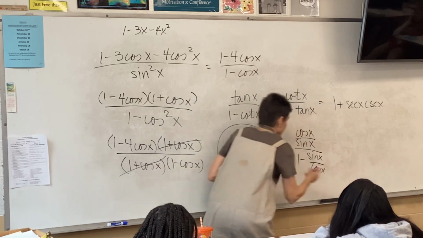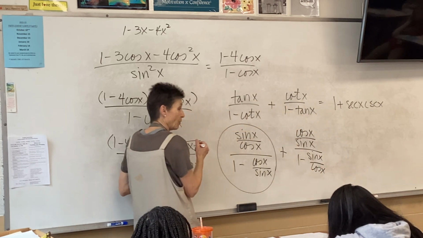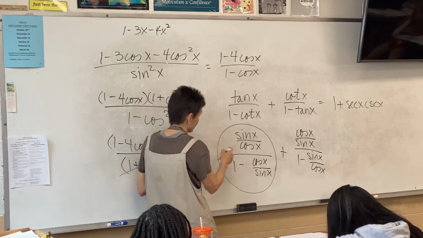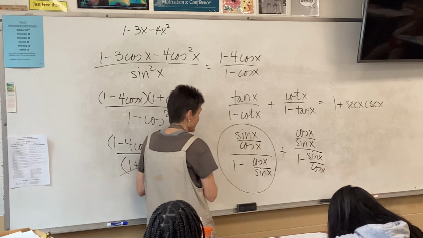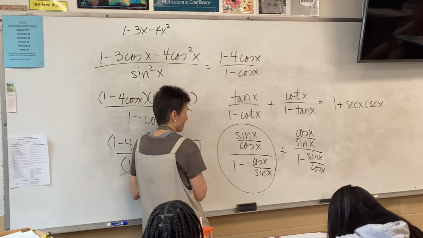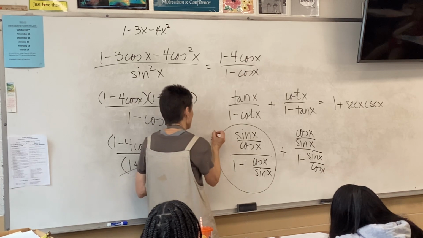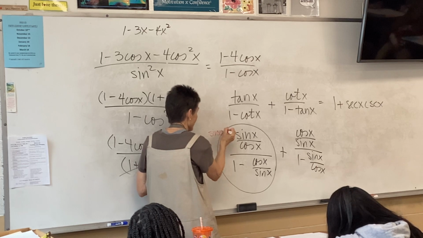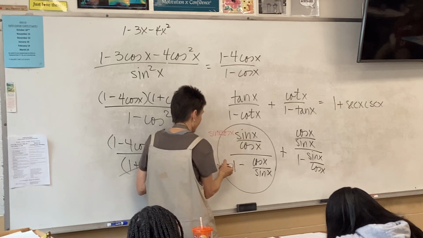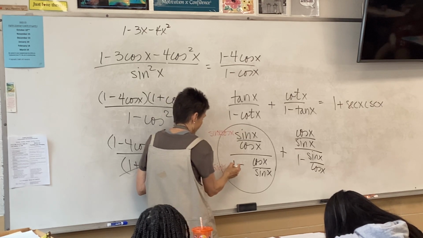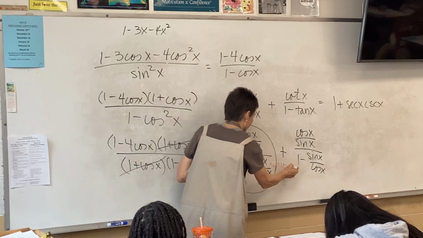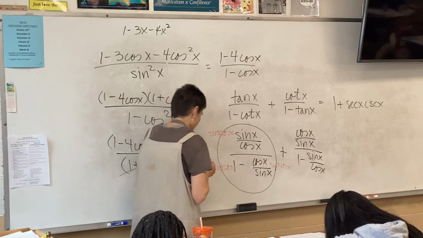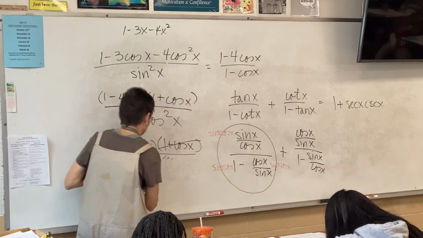Okay, so what's the common denominator of the whole thing? This fraction in the circle, what would be the common denominator of all those parts? Sine and cosine. So I'm going to multiply everything by sine and cosine. All right, so what does that leave me with?